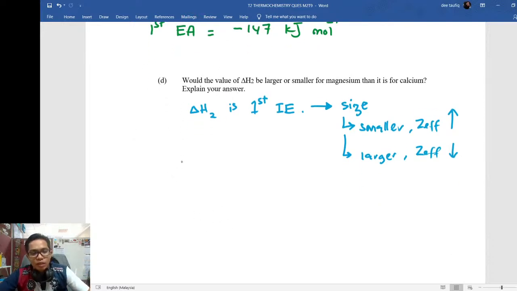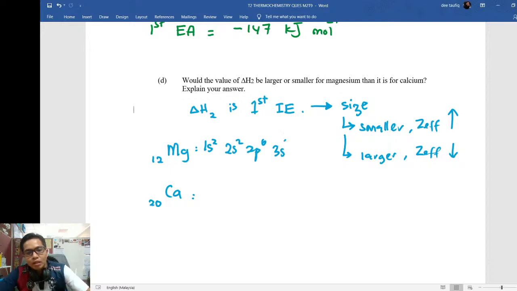Okay, so I write here magnesium proton number 12, calcium proton number 20. For this you can either use 1s2, 2s2 and so on, or use the SPM way, 2 8 2, 2 8 8 2, up to you, since it is only to determine the size. Since we are in matriculation, I use the matriculation version: 1s2, 2s2, 2p6, 3s2.